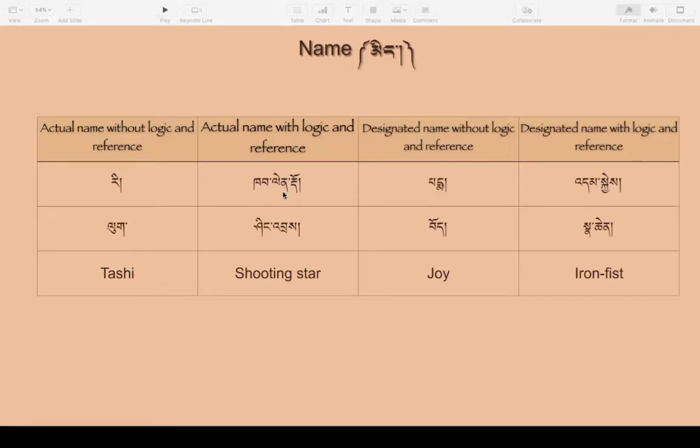This is a name which is derived from three basic words. The first one is kap, which means needle. Second one is len, which means to take or to carry. And do means stone. So kablen do means a stone that is used to pick up needles.